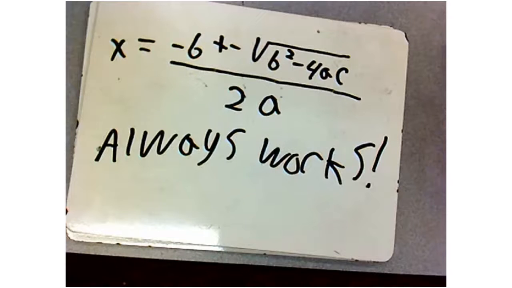Half of b, square it, add it to both sides. x squared plus b over a x plus b squared over 4a squared equals negative c over a plus the same thing on the right side, b squared over 4a squared. So again, they just completed the square and added that result to each side of the equation.